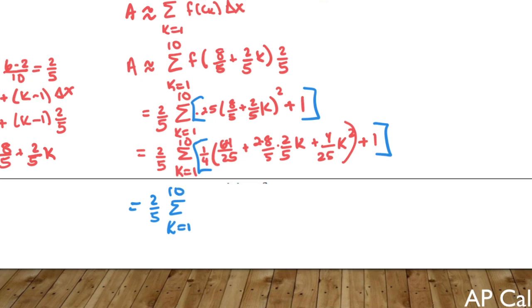Let's clean this up a little bit and multiply through as well as simplify.